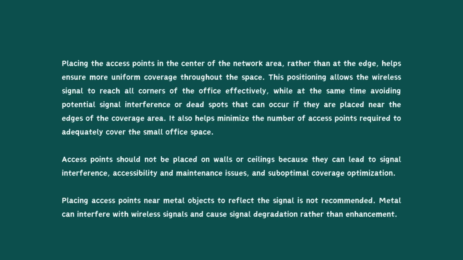It also helps minimize the number of access points required to adequately cover the small office space. Access points should not be placed in walls or ceilings because they can lead to signal interference, accessibility and maintenance issues, and suboptimal coverage. Placing access points near metal objects to reflect the signal is not recommended. Metal can interfere with wireless signals and cause signal degradation rather than enhancement.